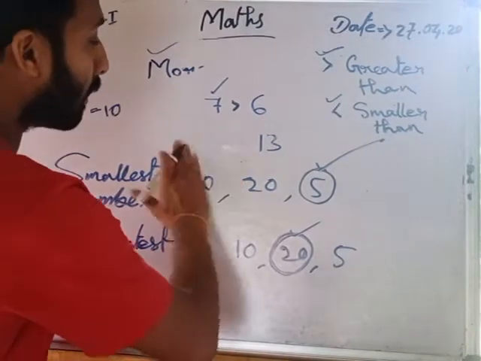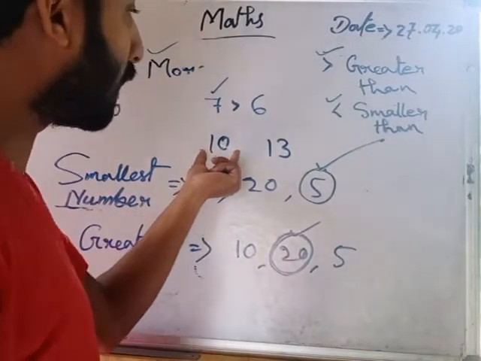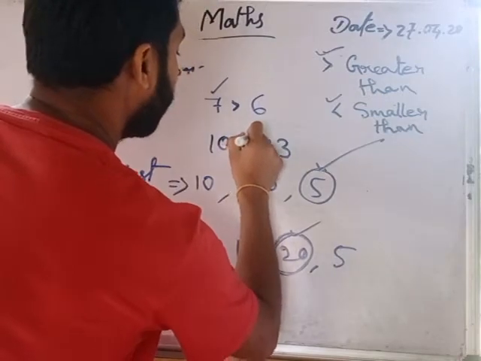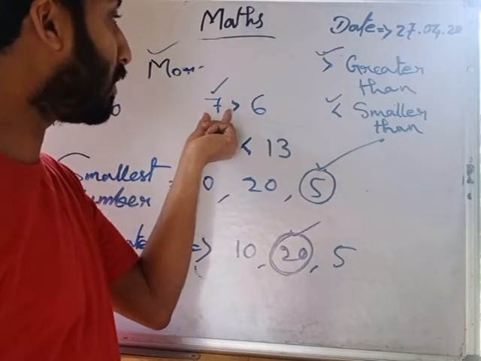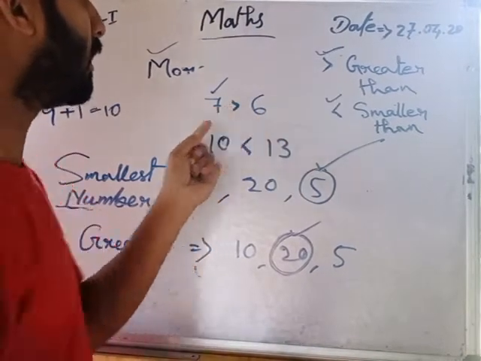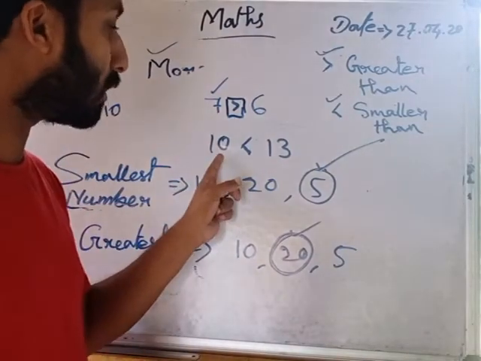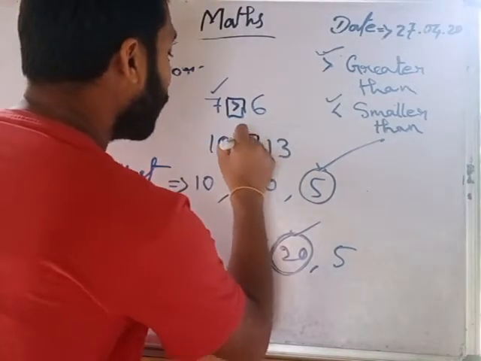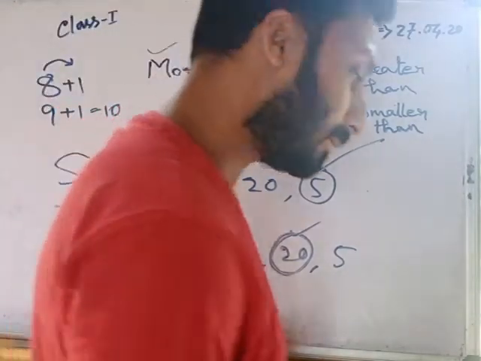If the first number is smaller, you should take the smaller than sign like this. Okay, do you understand?